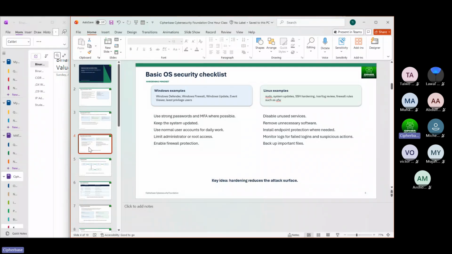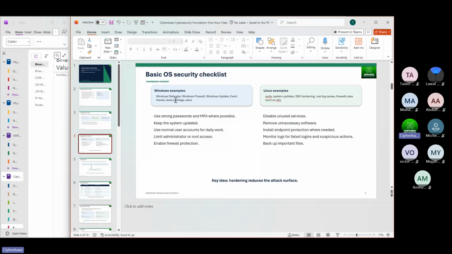You don't just do that. Every company has a benchmark that they follow. What is a benchmark? A benchmark is the minimum requirement that a device must meet before it can be joined to a domain.